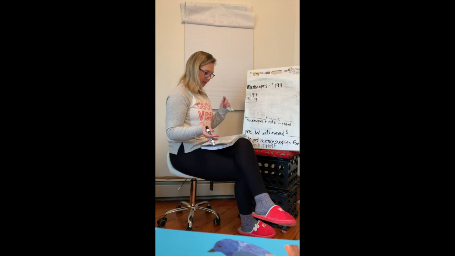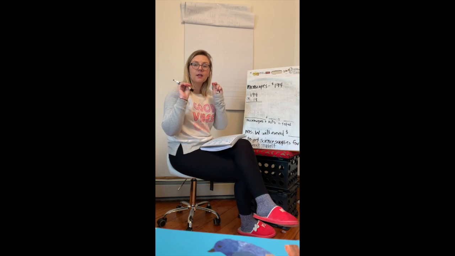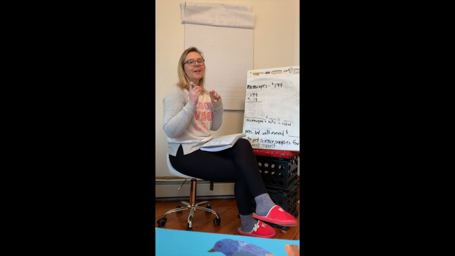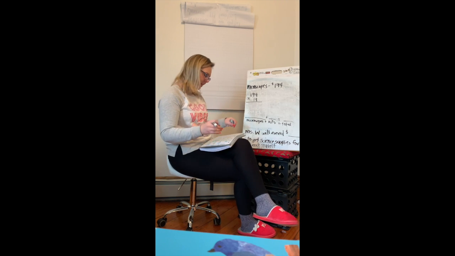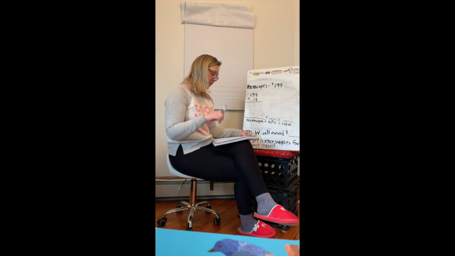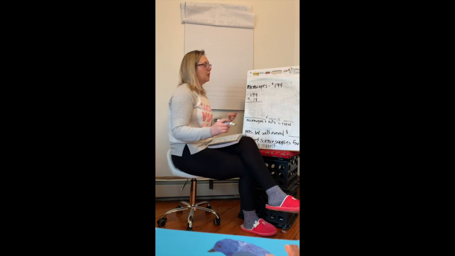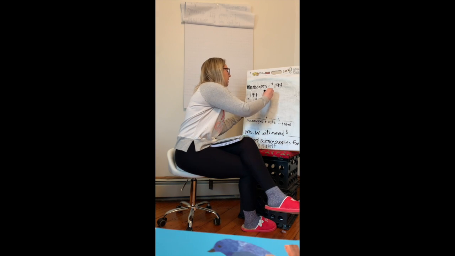My second step is I need to know how much it costs for kits. Key detail here is that each student needs 12 kits. So the first thing is I need to multiply 18 times 12 so that I know the total number of kits.